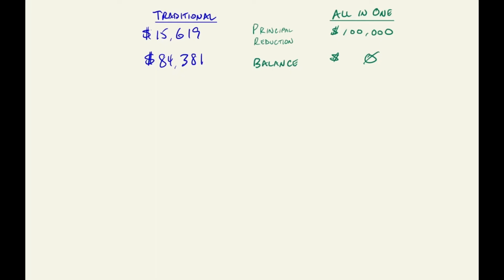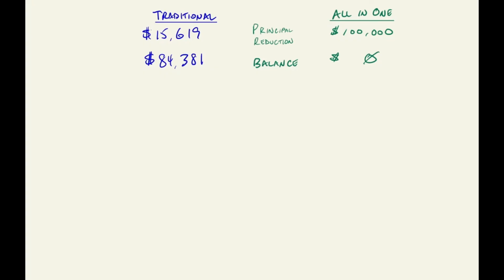Okay, so just so we're comparing apples to apples here, we said on the traditional mortgage, you've reduced your principal by $15,619. On the all-in-one, we've paid off the entire $100,000. On the traditional loan, you have $84,381 left as your remaining balance. On the all-in-one, you have zero remaining as your balance.